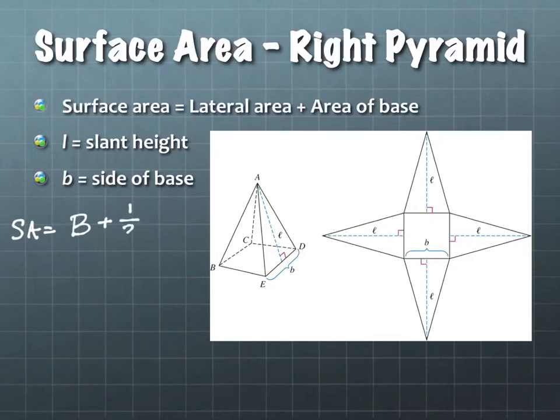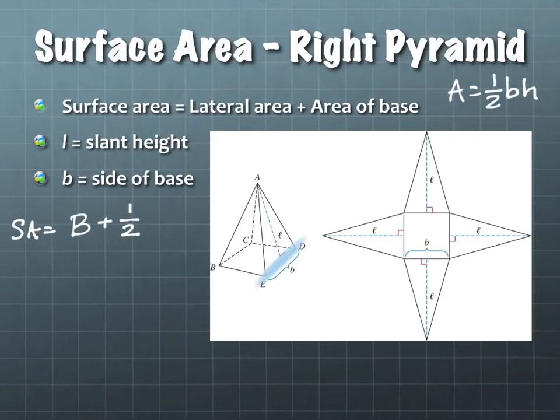So I have 1/2. Let me write this to the side. The area of a triangle is 1/2 base times height, right? So the base of each of my pieces is one of these side lengths, right? That's my base. And if it is a regular shape, which is the ones we're working with for pyramids, they're all the same.